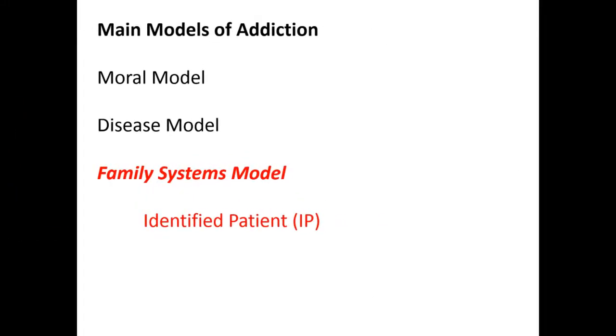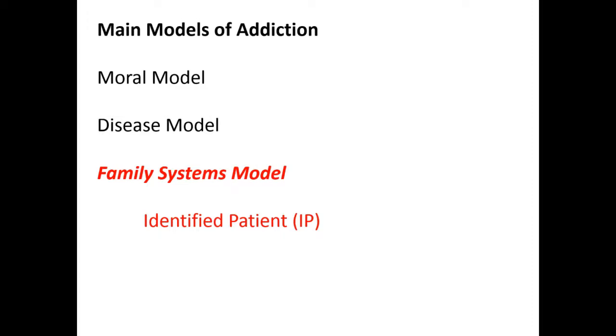The moral model is simply that addiction is a moral problem, that people have choice and they make poor choices, and if they would make better choices, they would stop their using behavior or their addictive behavior. The disease model comes at it from understanding the brain and the intricate functioning of the brain in more detail and depth.